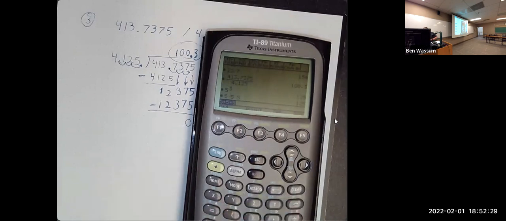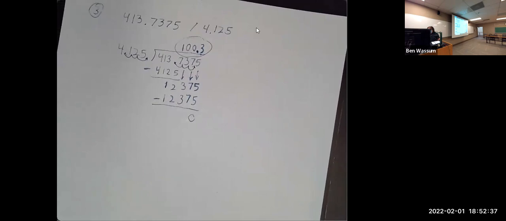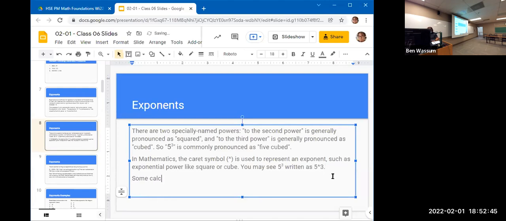So that caret is generally your exponent button. Sometimes it's a caret on a calculator, and sometimes I think it's X^Y or Y^X, and that'll be like italic.